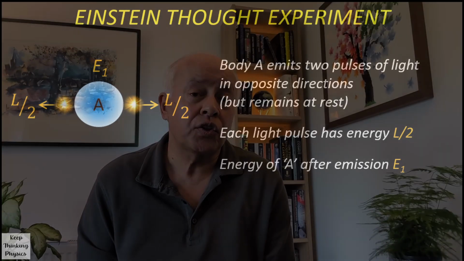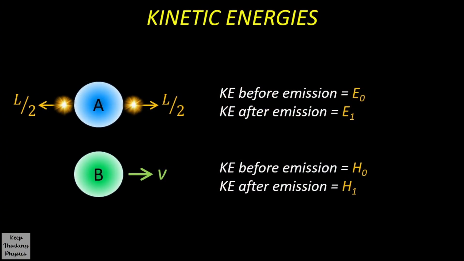What Einstein did throughout this thought experiment was to see how the energy of body A is measured by both bodies in their own frames of reference, both before and after the emission of light. The energies which body A measures are called E0 and E1 before and after emission, and the energies which body B measures are called H0 and H1 before and after emission.